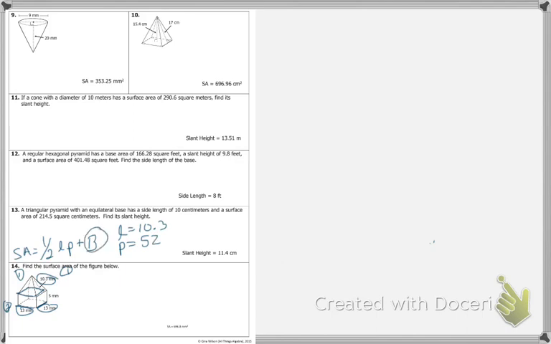Now we have to solve the base area. Well, the base area of that pyramid, it is a square. 13 by 13. So big B is equal to 169.